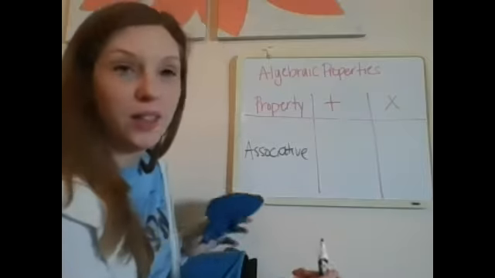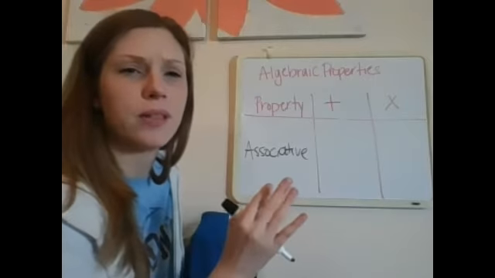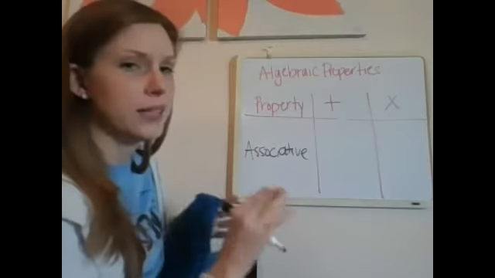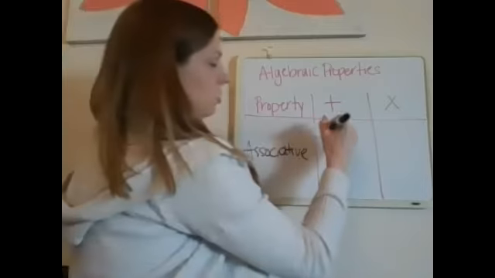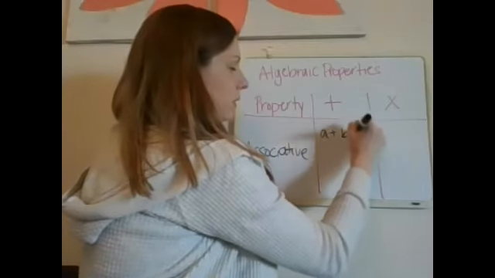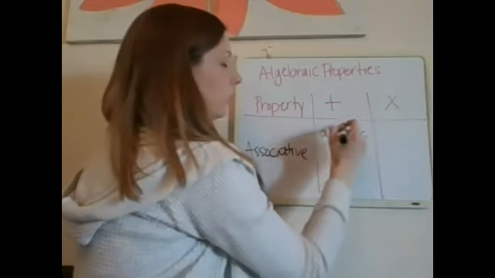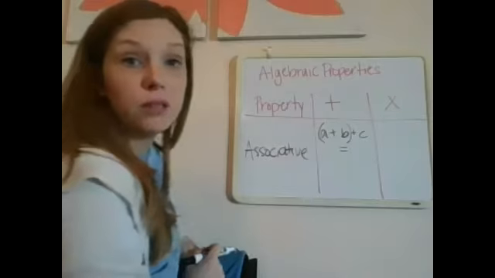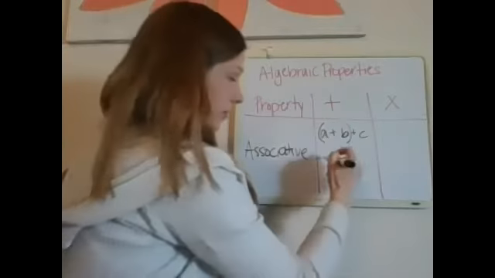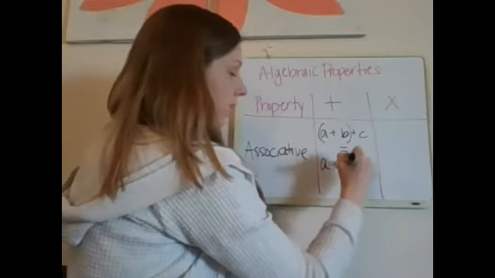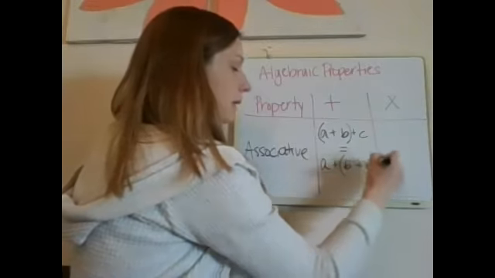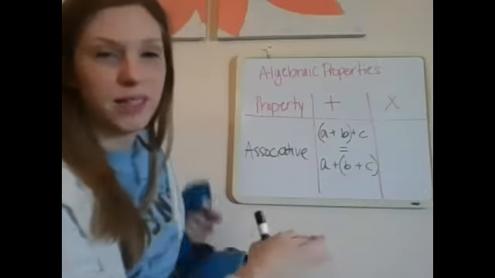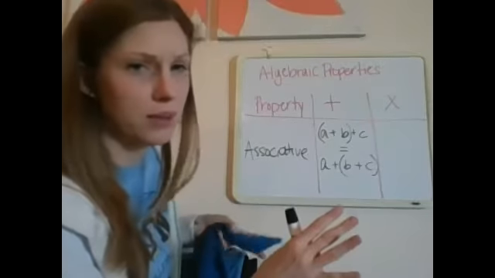Moving on, all this says is if we have three numbers that we're working with, it doesn't matter how we go about doing them. So if we have A plus B plus C, we can add A plus B first, then add C, and that will be the same as if we add B plus C first, and then add A. Doesn't matter which order you add them in, they're all going to be the same thing.